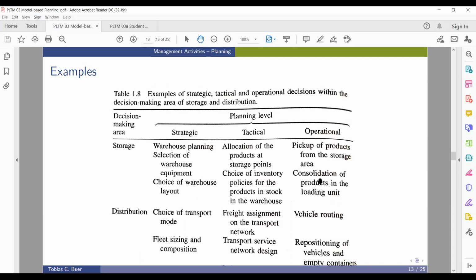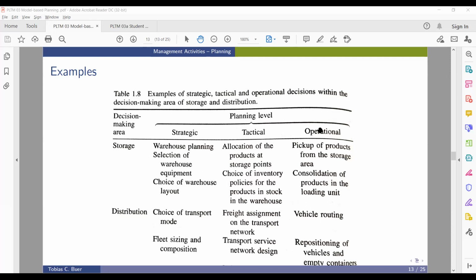This is just from one textbook, a table. The first column shows you either a storage decision or a decision related to distribution. And then we have three more columns: strategic decision problems, tactical decision problems, operational decision problems.